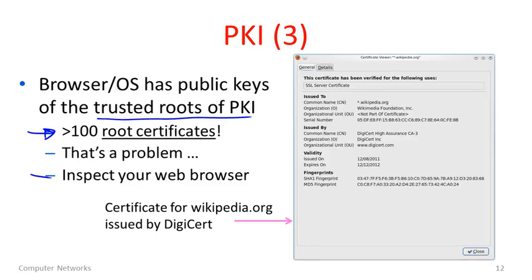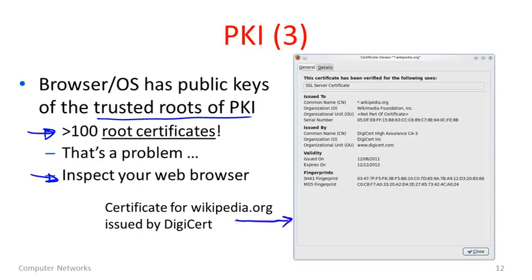If you'd like to see some of this, you can use your browser itself. Under some of its options, there will be a place to inspect the certificates and you can have a look yourself. You'll see all of this information inside your browser so that you can inspect it, configure it and override it if you want. On the right here, I've shown the certificate for wikipedia.org, as you would find inside a web browser. You can see a few details here.